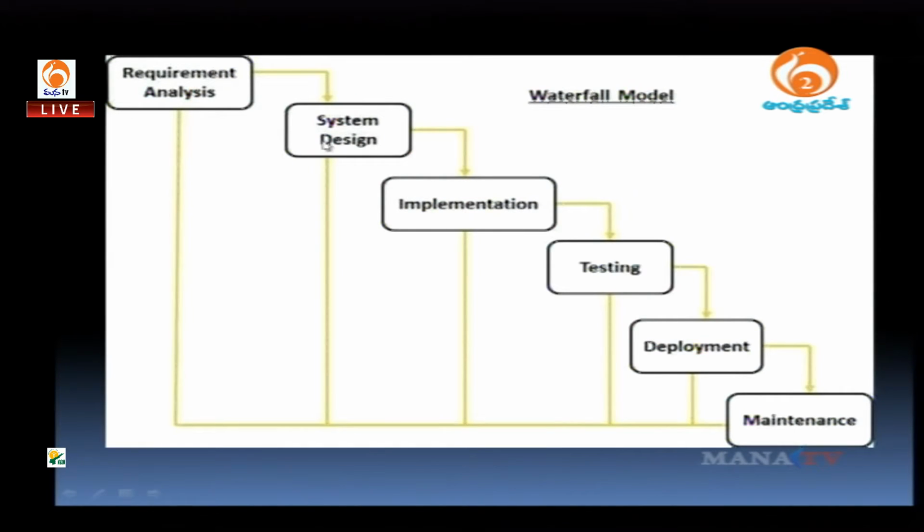Once the system design phase is properly finished, it is handed over to the development team, where it is implemented. Next is testing, then deployment, and the last is the maintenance phase. Once maintenance is finished, I cannot go back to the previous phases. This is the diagrammatic representation of the waterfall model. I think it is visible for you.